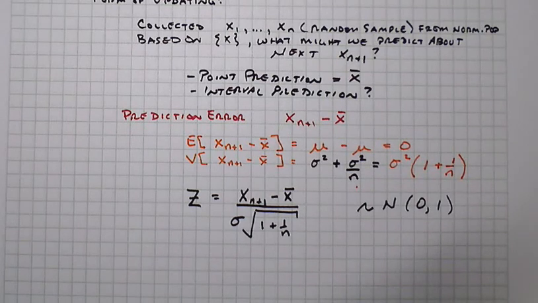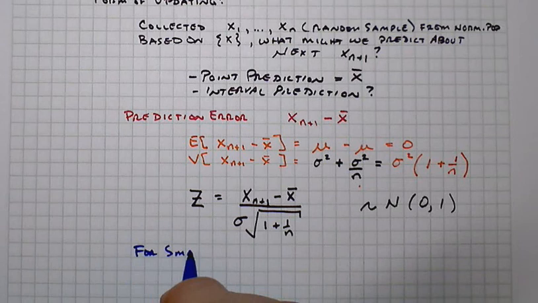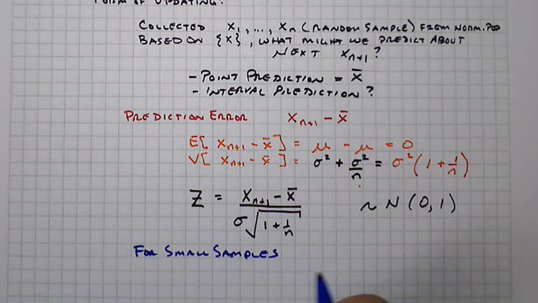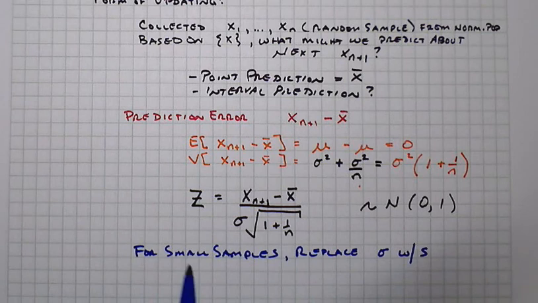Now if we have small samples, we replace sigma with our sample standard deviation. If we have large samples and we make this replacement, we just get back to something approximately normal.